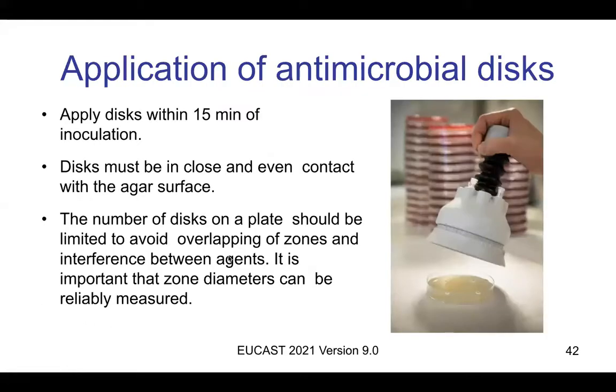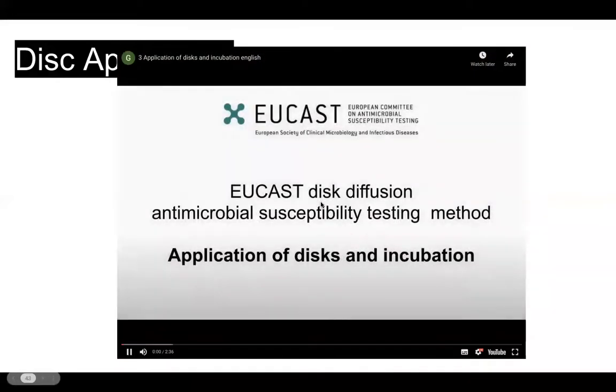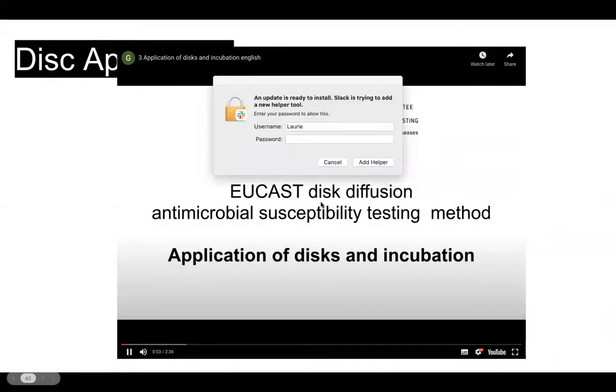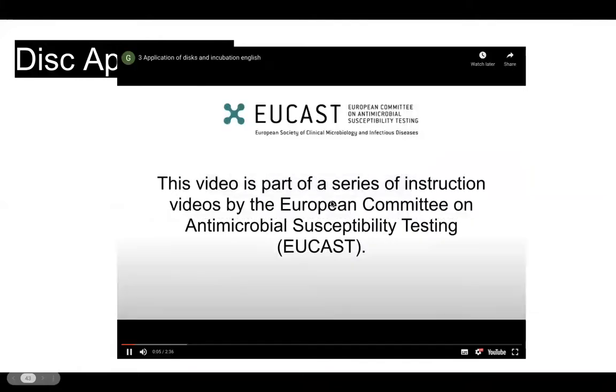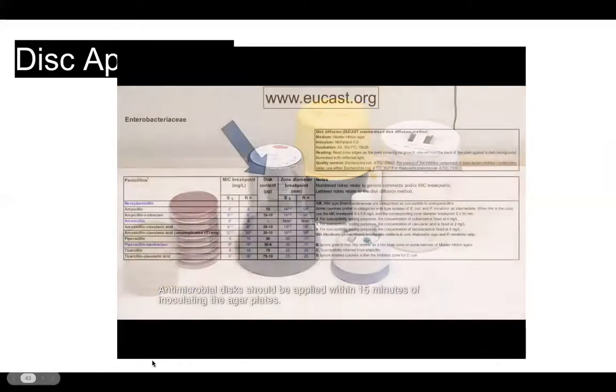So this is about the application of the antimicrobial discs. They do have these disc setters, which are quite cool. There's a little video on this as well. After you've made this grid, you're going to be applying the discs within 15 minutes of inoculating the agar plates.